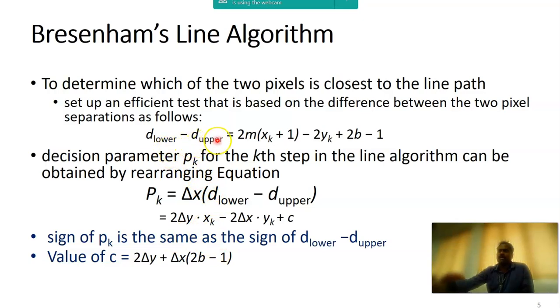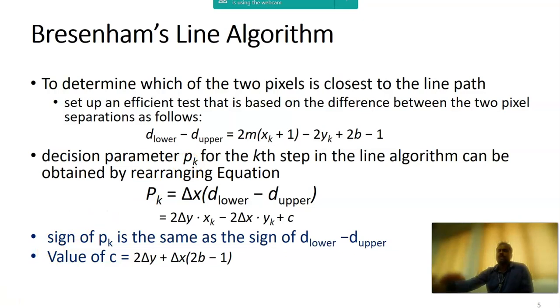We check the difference d lower minus d upper to see which is closer, and that pixel position we choose, either yk or yk plus 1. d lower minus d upper equals 2 times m times xk plus 1 minus 2yk plus 2b minus 1. The decision parameter pk is checked in each iteration. Based on this, when the slope is less than 1, the x value will keep incrementing, and we have to decide y: either stay back at yk or move to yk plus 1.